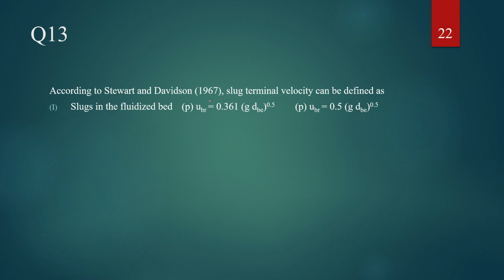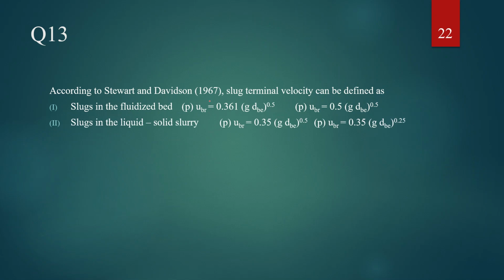Q: UBR is equal to 0.5 G dBE power 0.5. R: slugs in the liquid solid slurry, bubble rise velocity UBR is equal to 0.35 G dBE, that is the equivalent bubble diameter, power 0.5. So we need to match it for the slugs in the fluidized bed and the slugs in the liquid solid slurry.